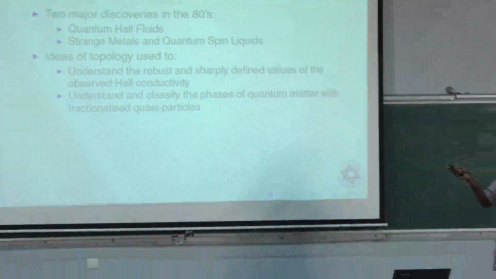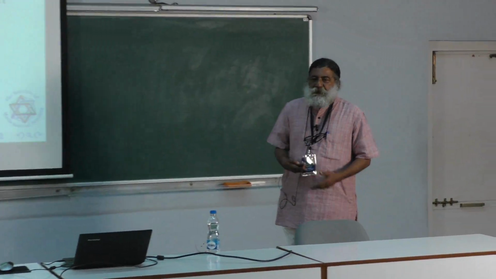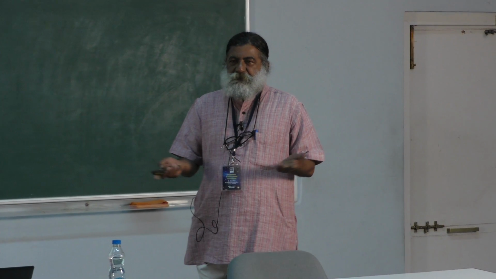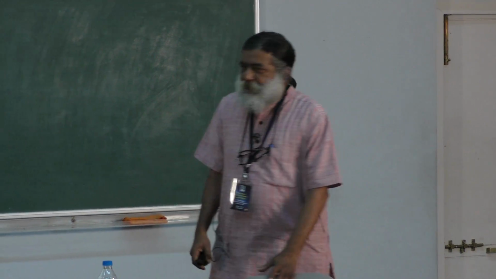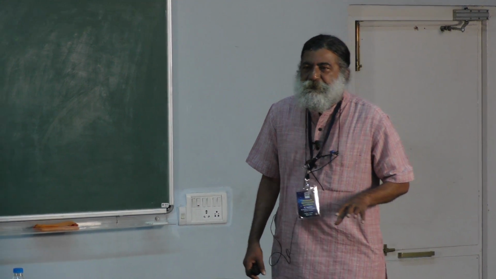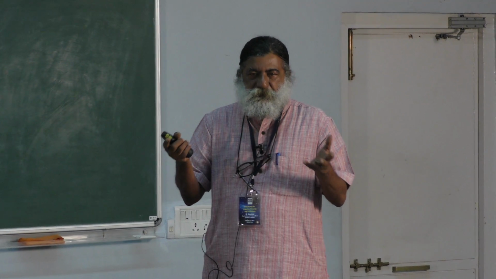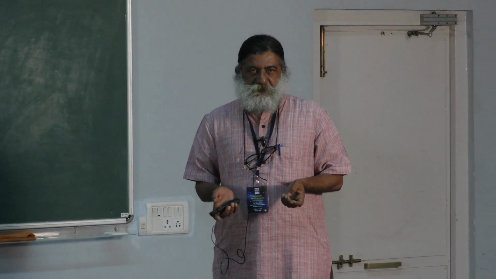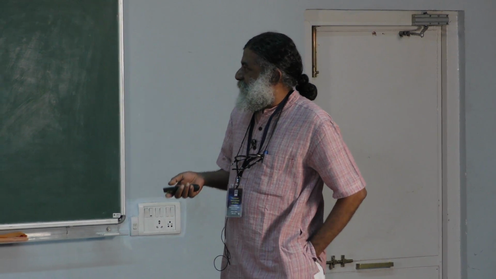And this is how the field started, and they were trying to understand also the fractional statistics and charges, quantum numbers, etc. But there's also an underlying geometry underlying this topology in some sense. After all, it's a topology of some object that has a shape also, and that shape is the geometry.